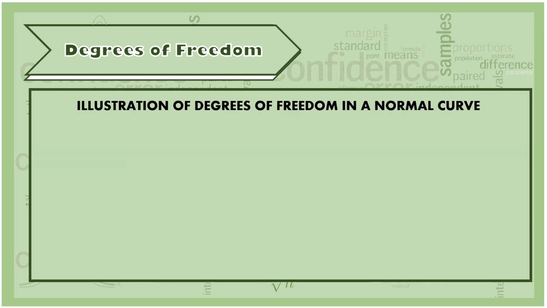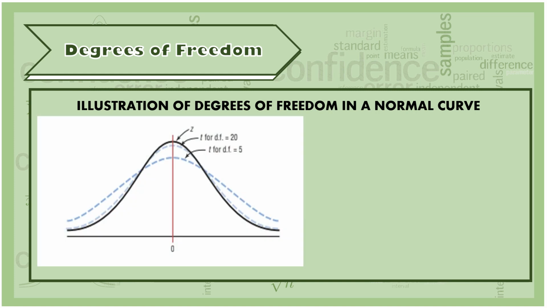To easily understand the idea of degrees of freedom, let's have an illustration in a normal curve using our example. If your sample size is 6, then the degrees of freedom is calculated by subtracting 1 from the sample size, so 6 minus 1 is equal to 5. And 5 now is your degrees of freedom.